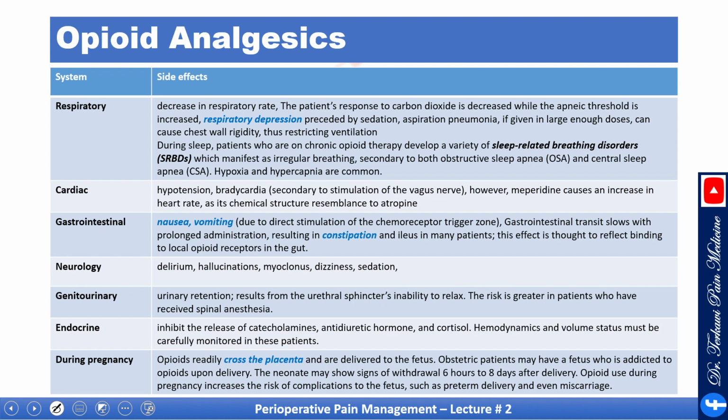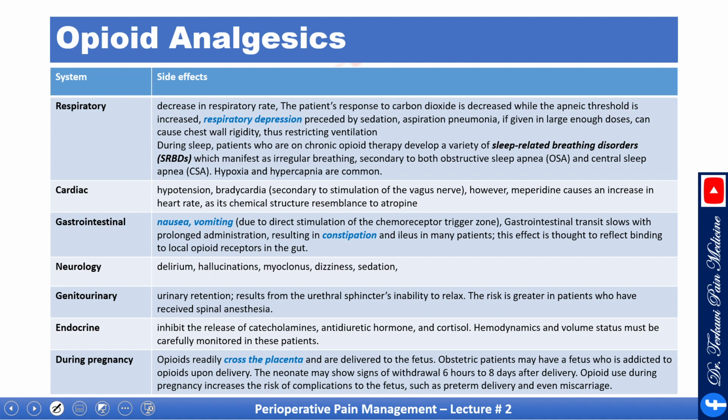During sleep, patients who are on chronic opioid therapy develop a variety of sleep-related breathing disorders, which manifest as irregular breathing, secondary to both OSA and central sleep apnea, that will lead to hypoxia and hypercapnia. Cardiac: it can cause hypotension and bradycardia, secondary to stimulation of the vagus nerve, for example, except meperidine, which causes tachycardia.